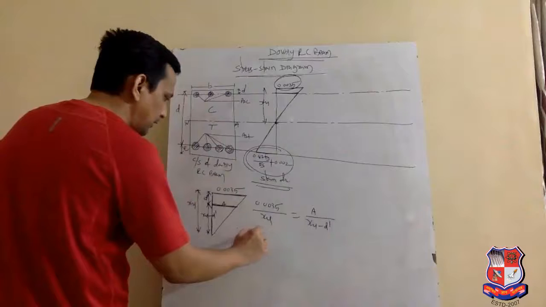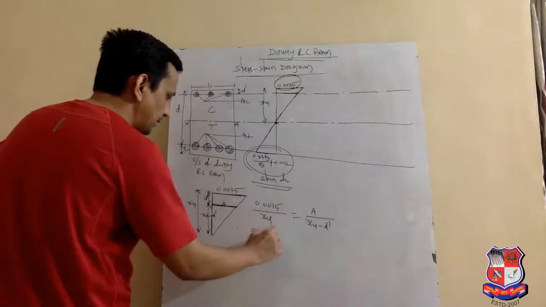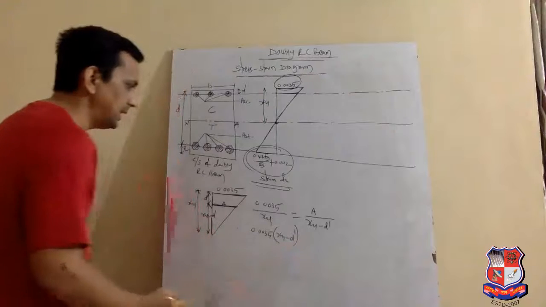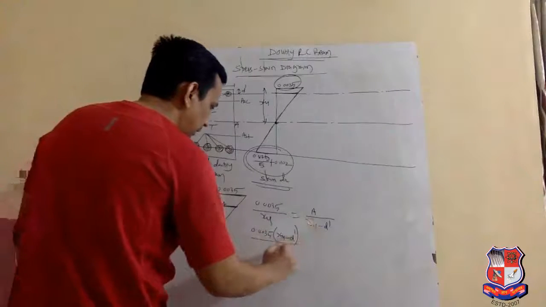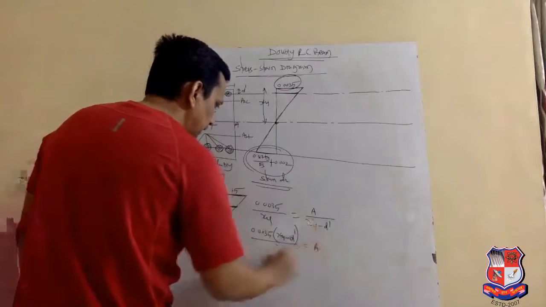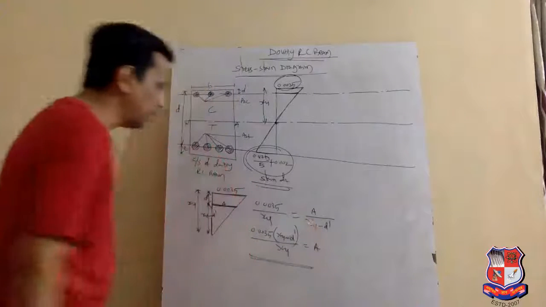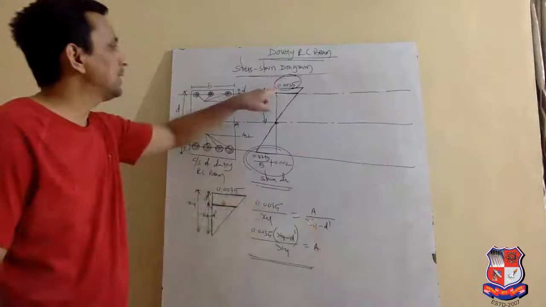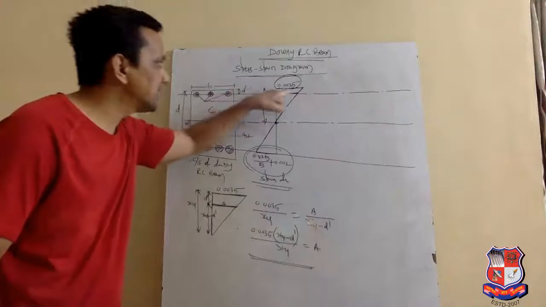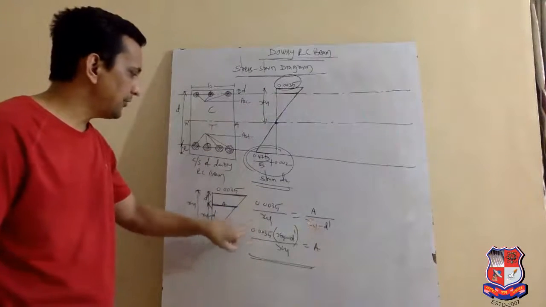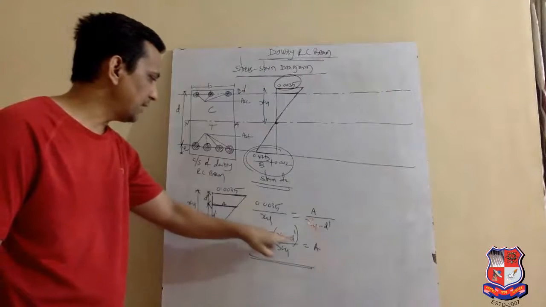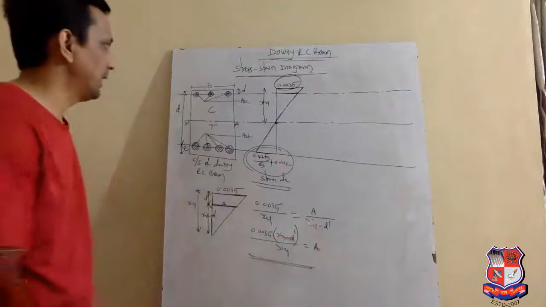That's why 0.0035 times (XU minus d dash) upon XU is equal to A. So the value of strain at the place of compression steel will be 0.0035 times (XU minus d dash) upon XU, right?